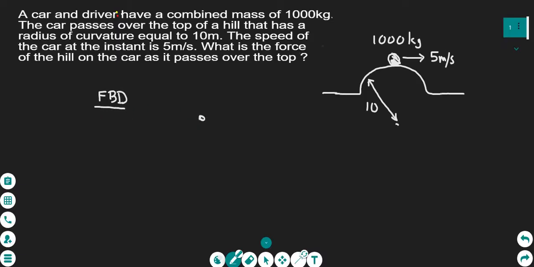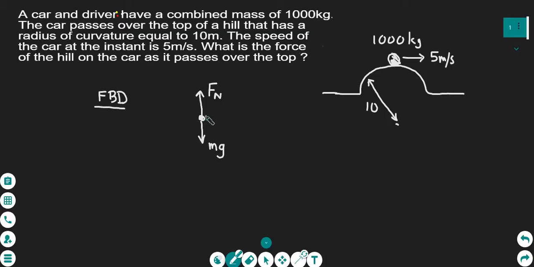So let me represent the driver and the car by this dot. The weight of the combined system is always acting downward towards the center of the earth. Let me represent that by mg. And since the car and the driver is in touch with the ground or the hill, there's a reaction force exerted by the hill on the car, what we call the normal force, and that is in the upward direction.